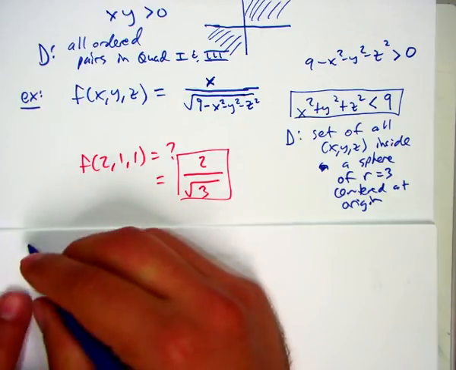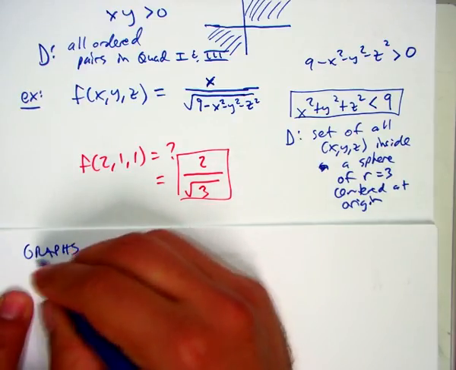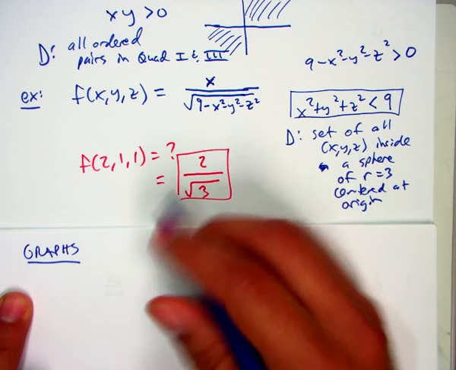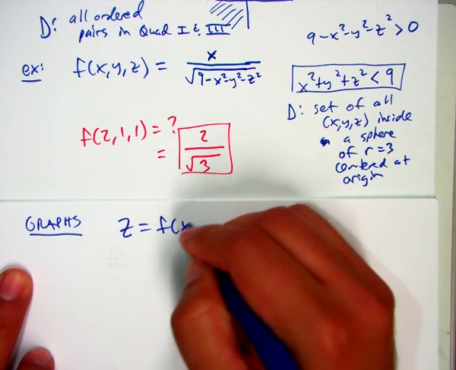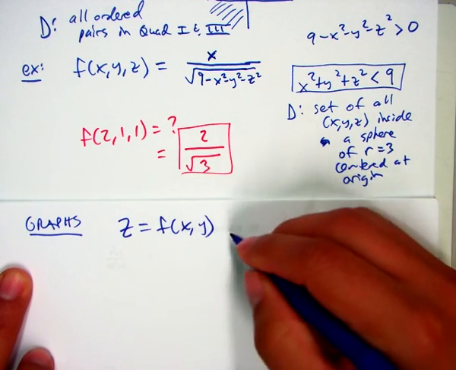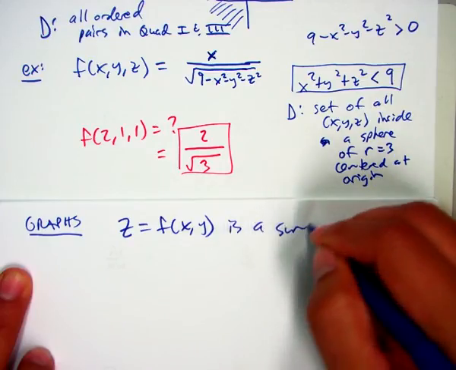As far as graphs are concerned, z equals f of x, y is a surface in 3 dimensions. We've already talked about most of these.